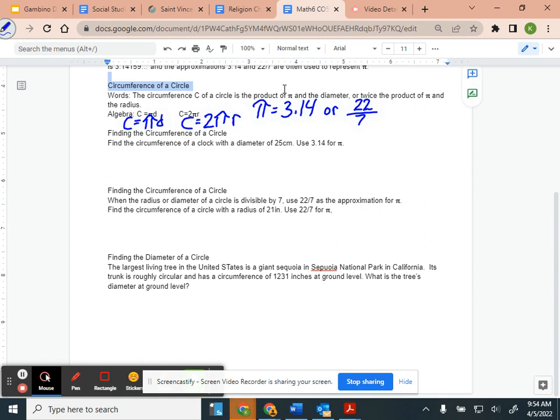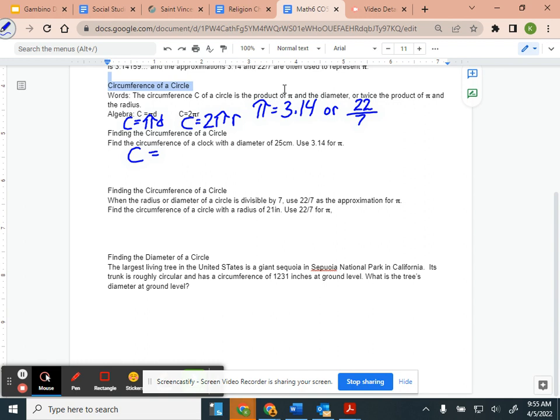If we know the diameter, it's just the diameter times pi. And if we know the radius, it's 2 pi r. So it's just 2r equals the diameter. So finding the circumference of a circle. Find the circumference of a clock with a diameter of 25 centimeters. Use 3.14 for pi. So remember, we're always about writing out our equation.